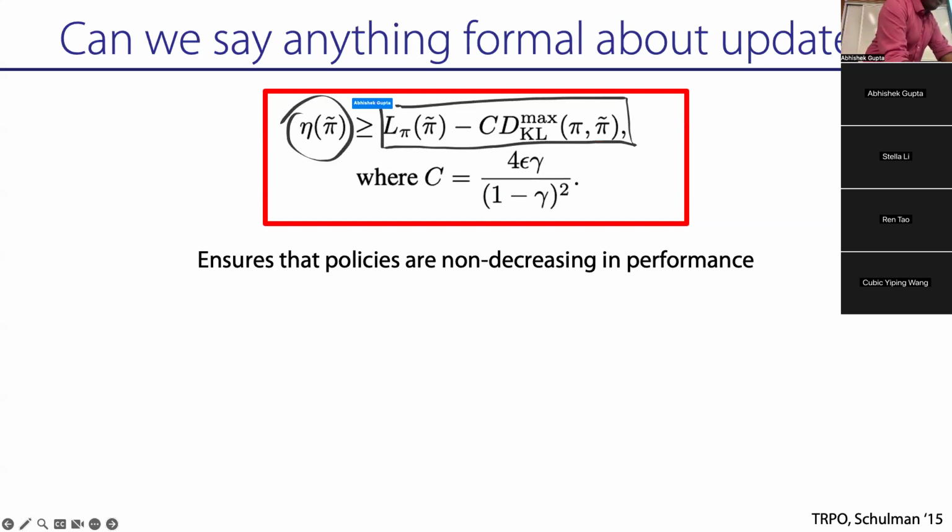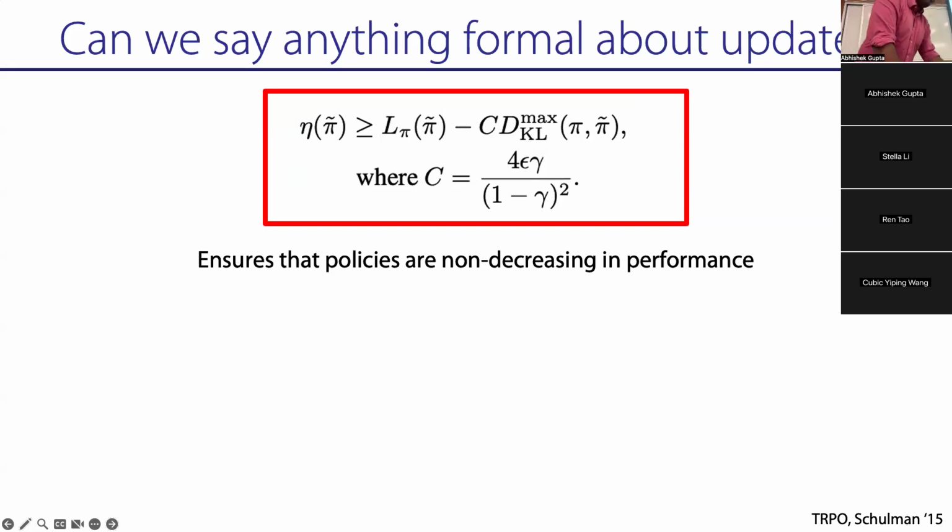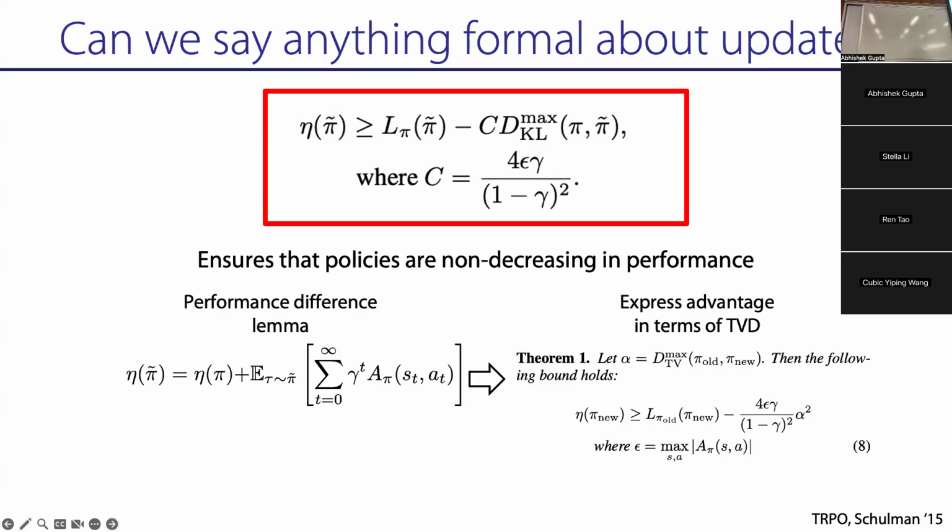They also show that the lower bound is tight in certain cases. So if you maximize the lower bound, you're maximizing the policy performance. So you're monotonically increasing the policy performance, or at least it's non-decreasing.